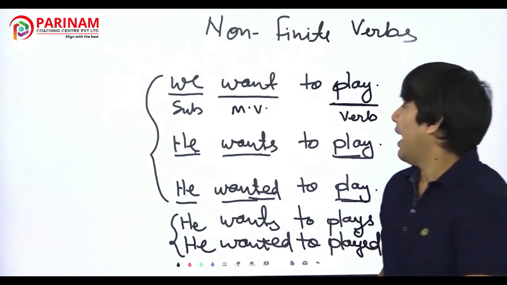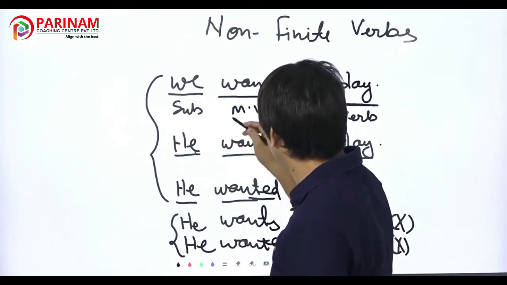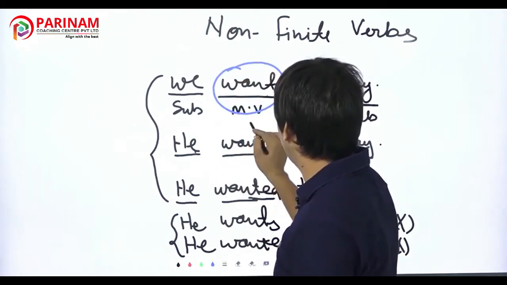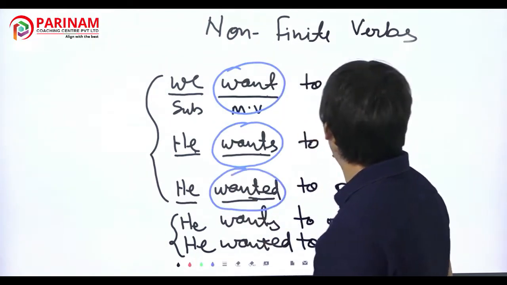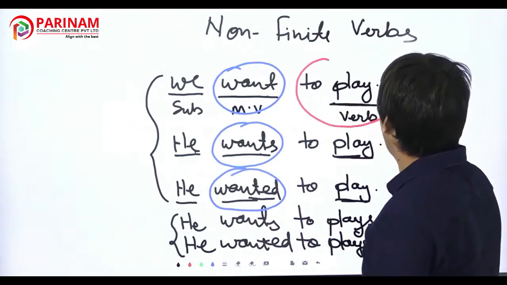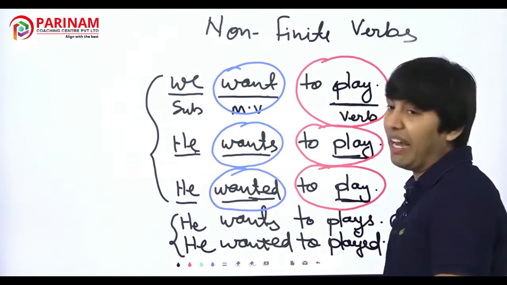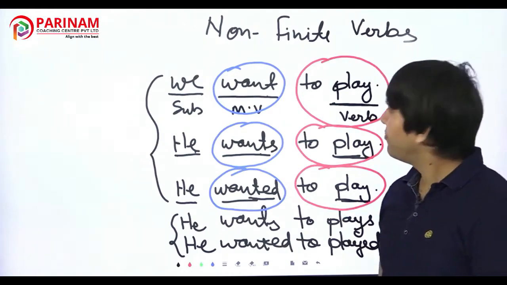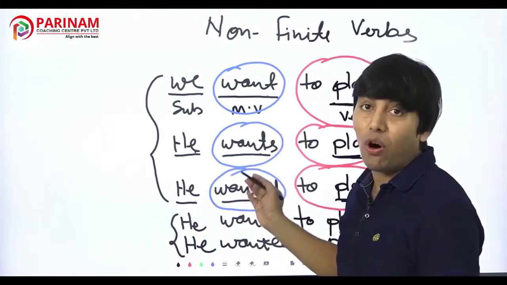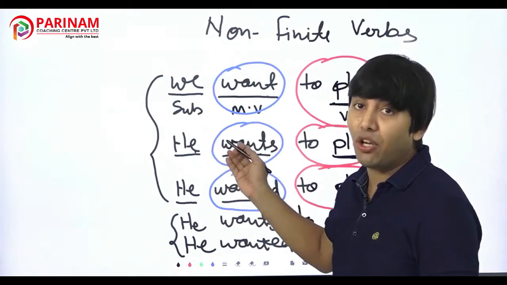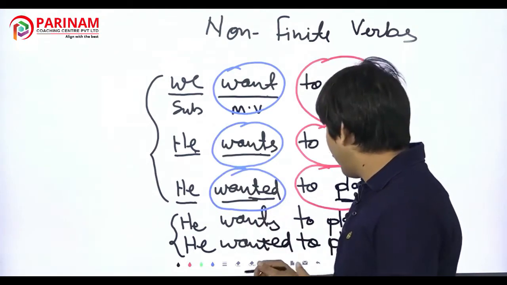See, these verbs are finite verbs. This is a finite verb, this is a finite verb, this is a finite verb, and the verbs in the red circle, this one and this one, are non-finite verbs. Did you get it? So actually the finite verbs change their form according to the subject and the tense of the sentence. Listen very carefully to what I am saying.